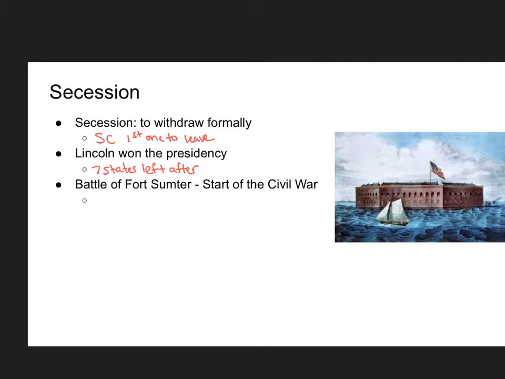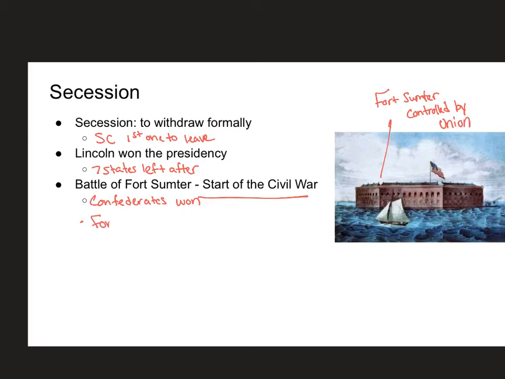The Battle of Fort Sumter was the start of the Civil War, so it's an extremely important battle. The Confederates did win. But this is the fort right here, Fort Sumter, which was originally controlled by the Union.